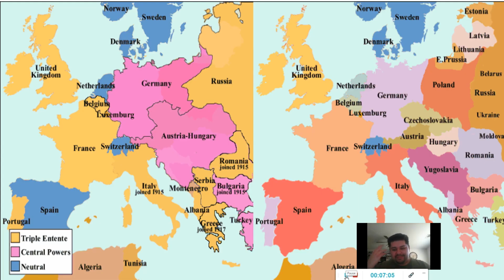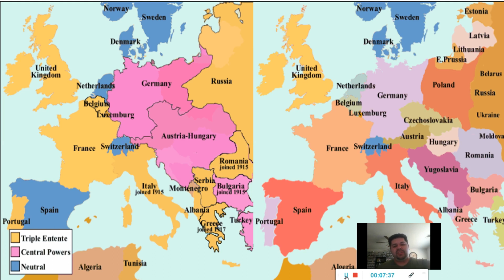Oh yeah, I forgot I put this one in. The map you see right here, to your left, is how the world was before World War One. How it is to your right is the map after World War One. Look at Austria-Hungary.